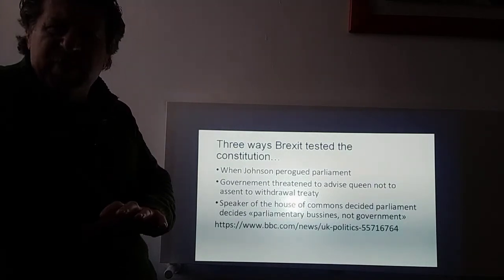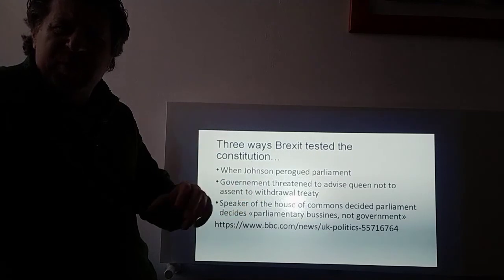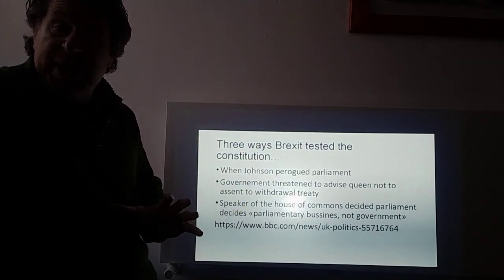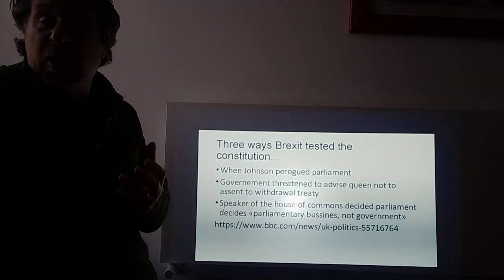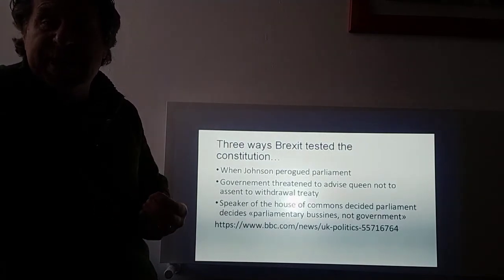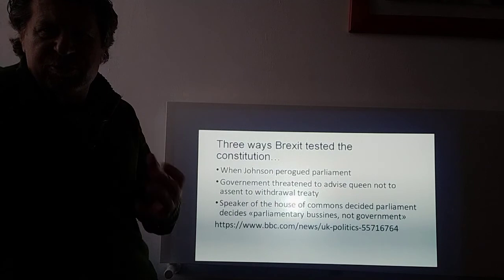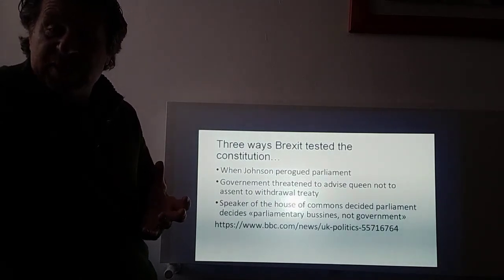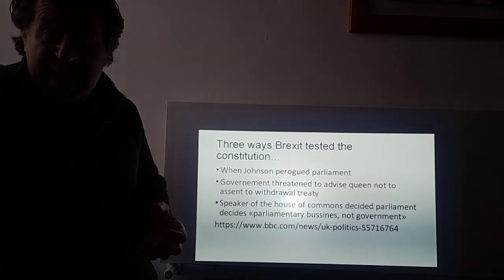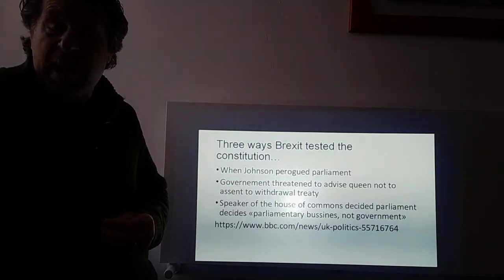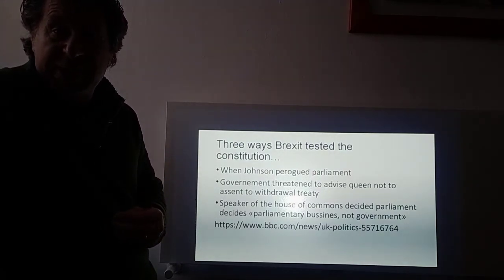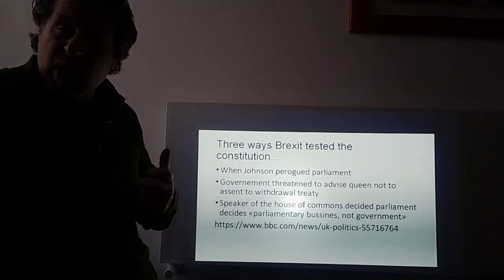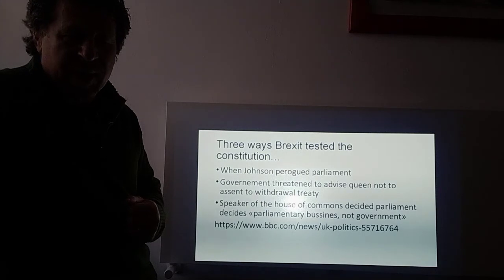We had a government that was Brexit and a Parliament which was generally Remain, and he wanted to avoid a vote on a bill calling for no deal. He wanted always to be able to threaten Europe with no deal, and he didn't want this vote on or even discussion. So he wanted to close Parliament for 3 weeks. He asked the Queen, and the Queen said yes, because only the Queen can close the Parliament.